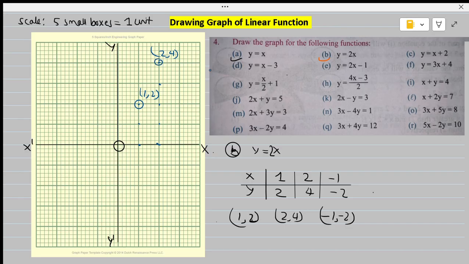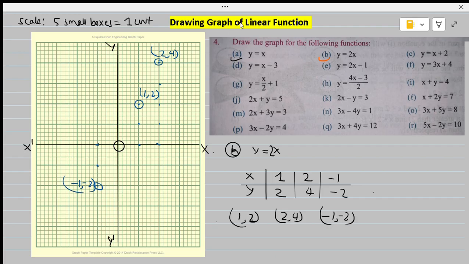And then next there is -1 -2, so x we count -1 on the left side of the origin, and for -2 we have to come vertically down from the -1 of x, so this point is -1 comma -2. So placing the points is done.